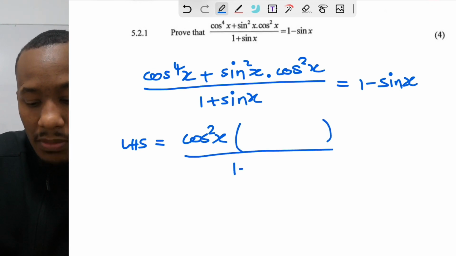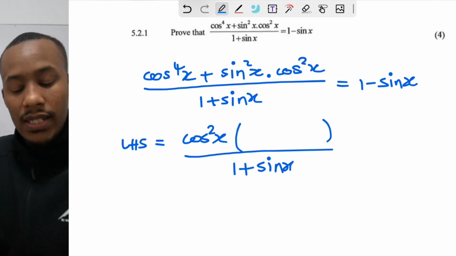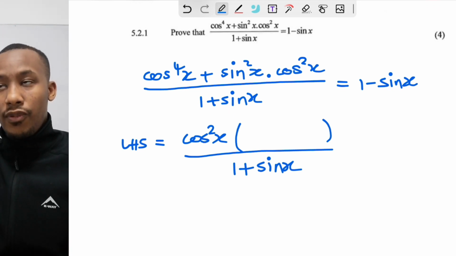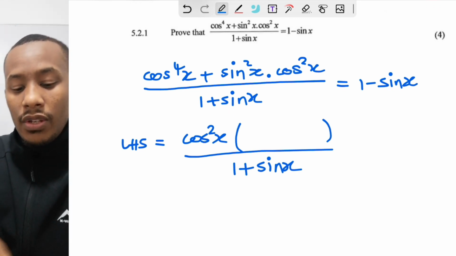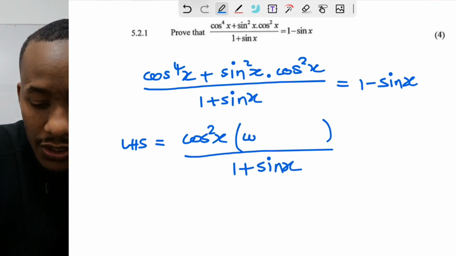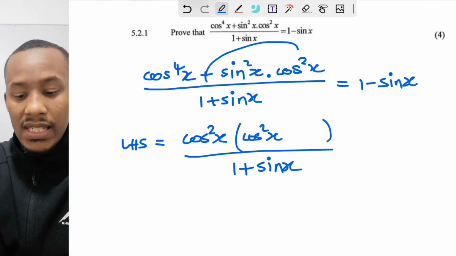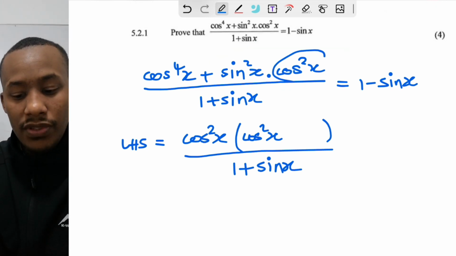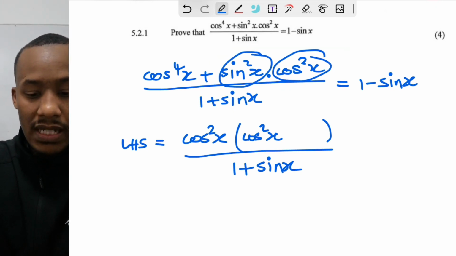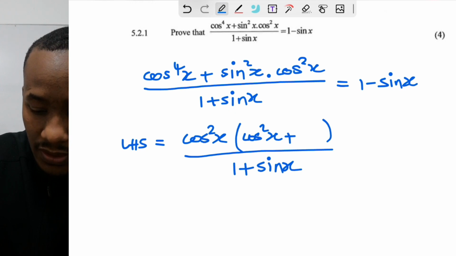If you take out this common factor of cos squared x, so you have cos to the power of 4 and you take out cos to the power of 2, you are left with another cos to the power of 2. Now on this side, if you take out cos to the power of 2, you'll be left with sine to the power of 2.